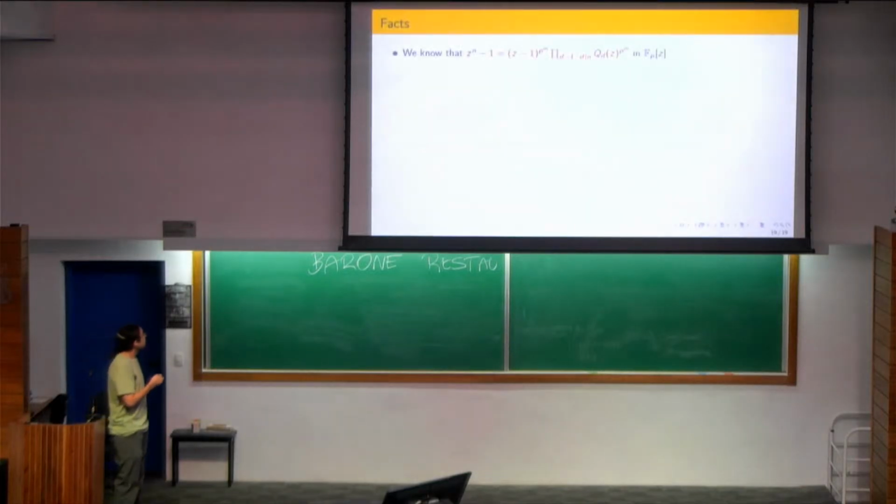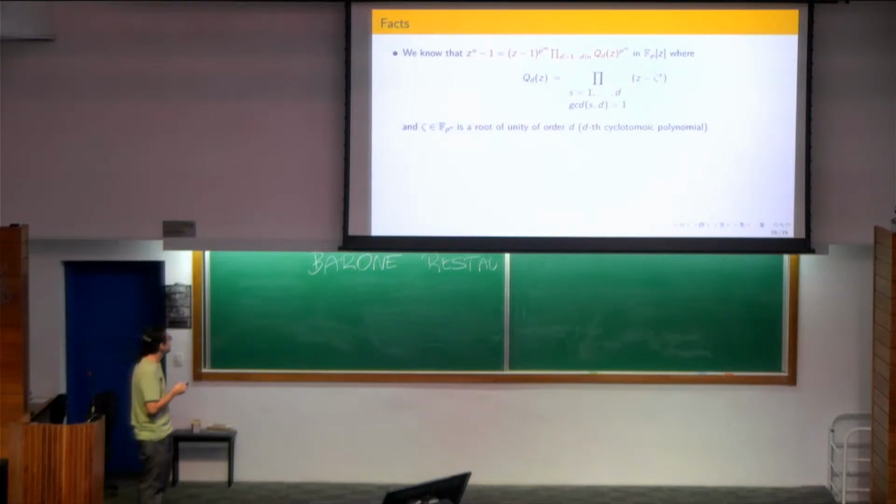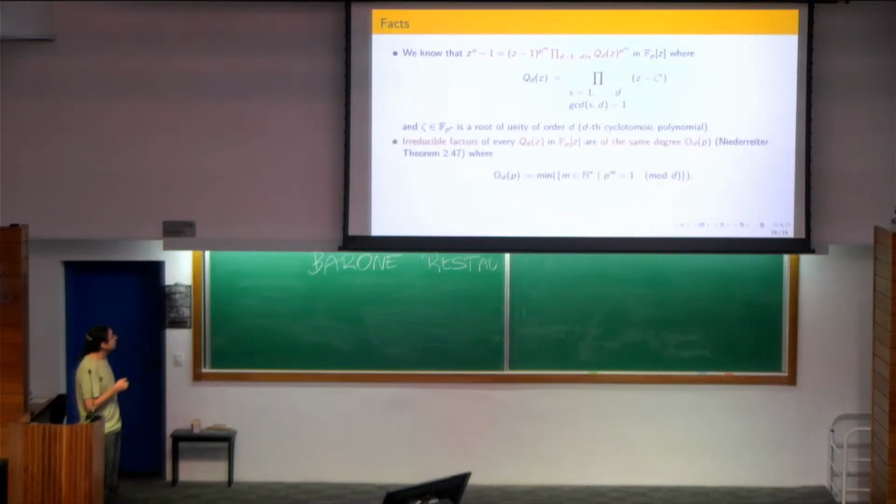First, remark that z to the power of n minus 1 can be factorized like this, where Q_d of z are the cyclotomic polynomials of order d. An interesting fact about this polynomial is that the degree of every irreducible factor of Q_d is the order of p modulo d, where the order is the smallest m such that p to the power of m is equal to 1 modulo d.